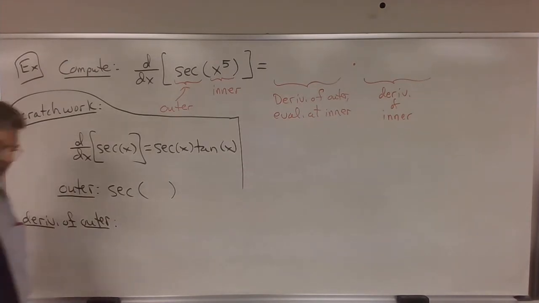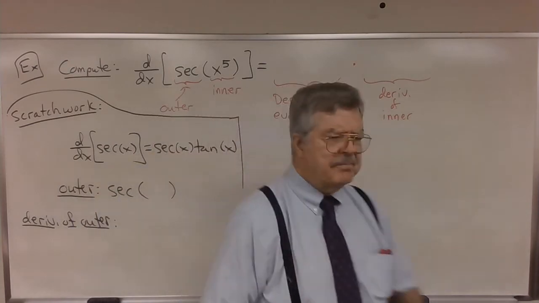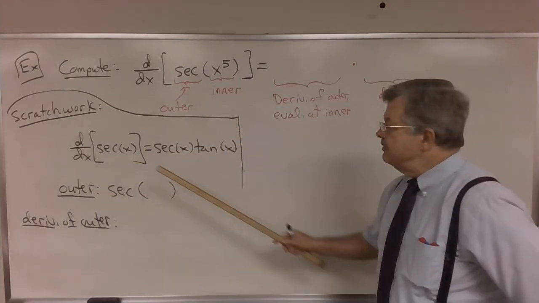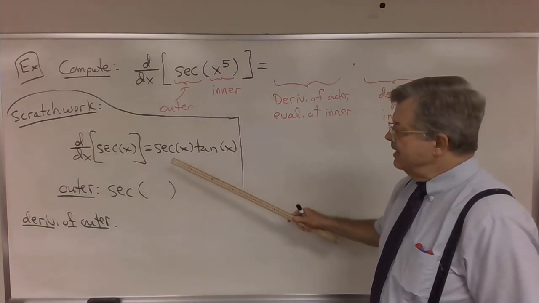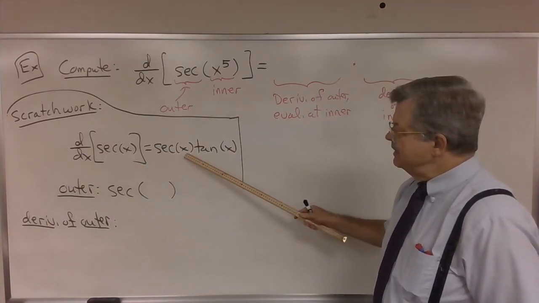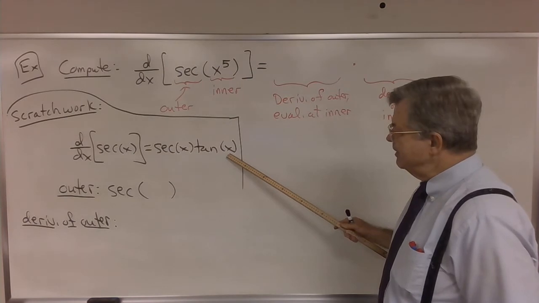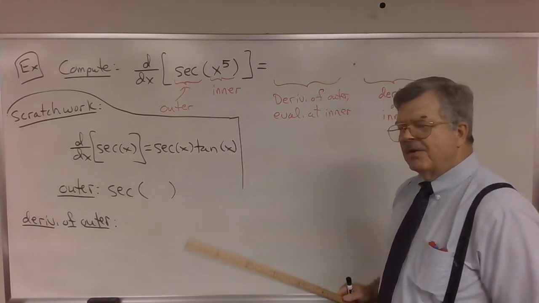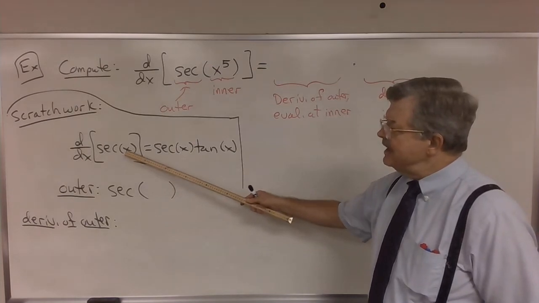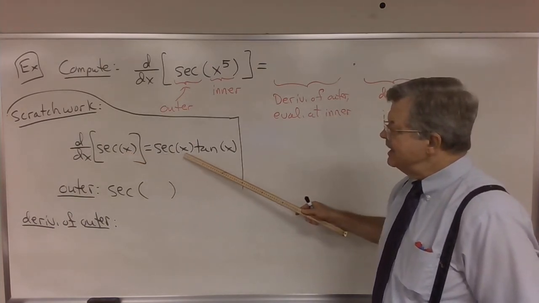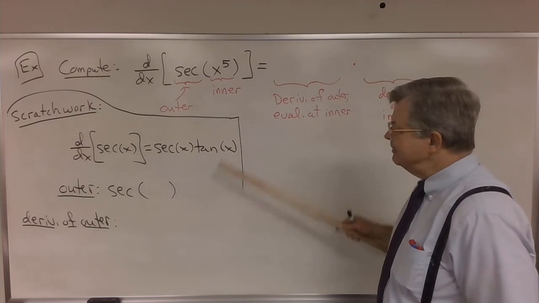Well, let's reason on this now. The derivative of secant evaluated at x is secant evaluated at x times tangent evaluated at x. Or let's say it this way. The derivative of secant of x is secant of x times tangent of x.